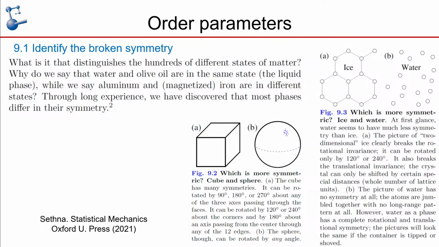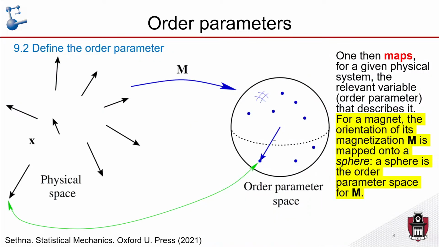In the case of ice and water, one will think of water as a time average over long times of the molecules wobbling about. In that sense, that time average is going to have a continuous symmetry that is not present in ice. Again, ice will crystallize onto a lattice like this.